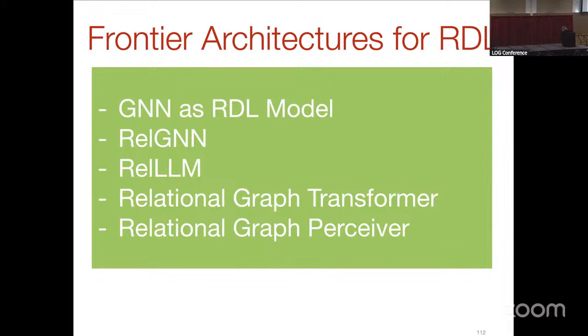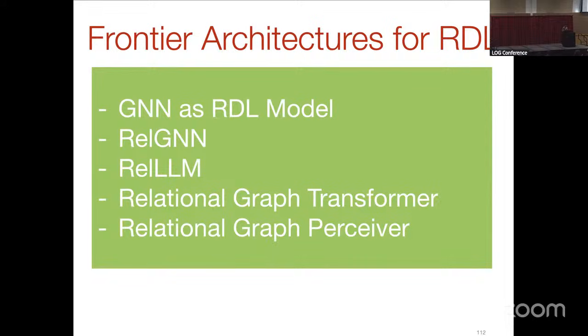Then I'll show how some explicit structural mechanisms, which some of us were discussing in the questions, for example many-to-many relationships across different tables, can be modeled explicitly. That gives rise to the RelGNN architecture. Then we'll have an LLM that can be used for prediction tasks in RelBench or any RDL, which is the Rel LLM.